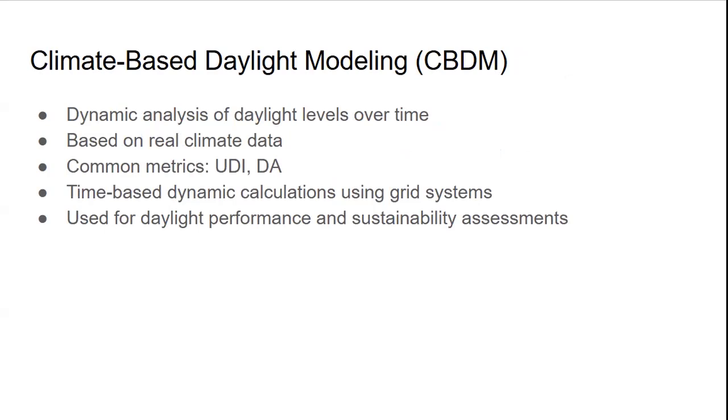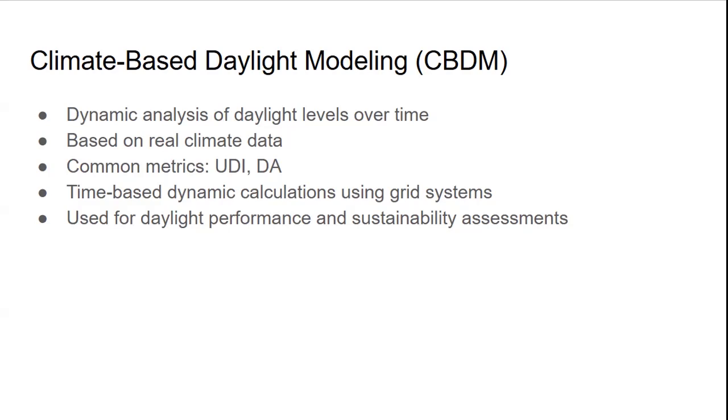Now let's take a moment to introduce climate-based daylight modeling, or CBDM. CBDM is a dynamic analysis method that calculates daylight levels over time using real climate data. The key idea is that CBDM doesn't just look at daylight on a specific day or under static conditions.